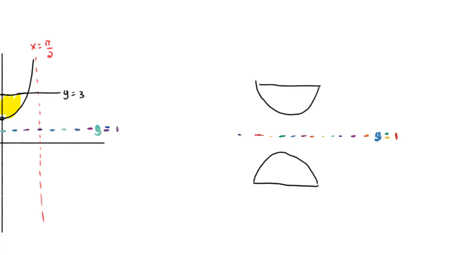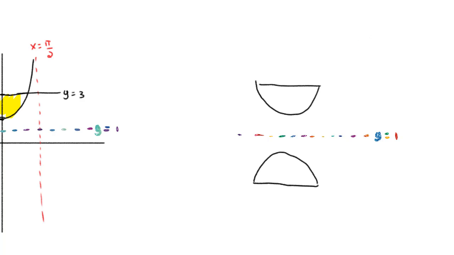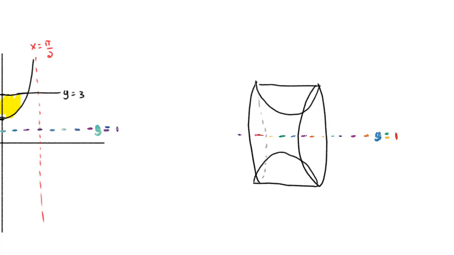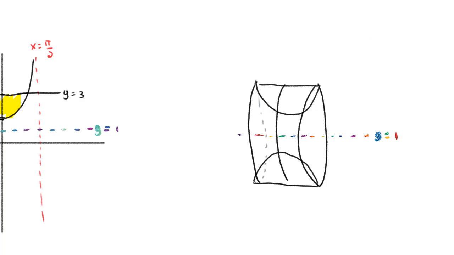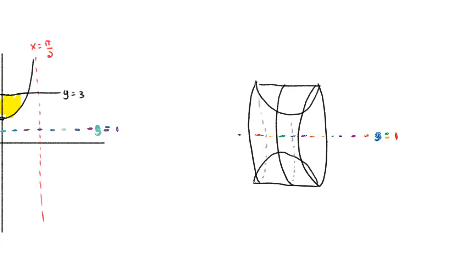So this rotates around, but then you can't really see what happens behind. This rotates around, and again, you can't see what's behind it. And remember, in the center there, you have this stuff that's rotating around too.